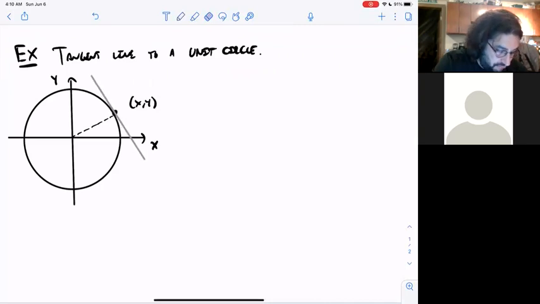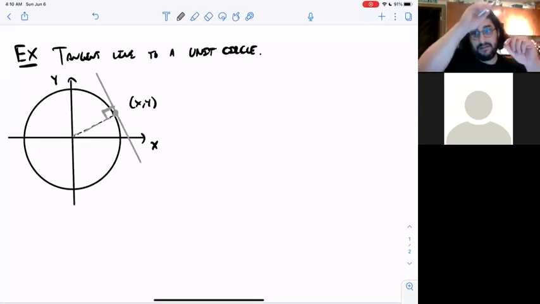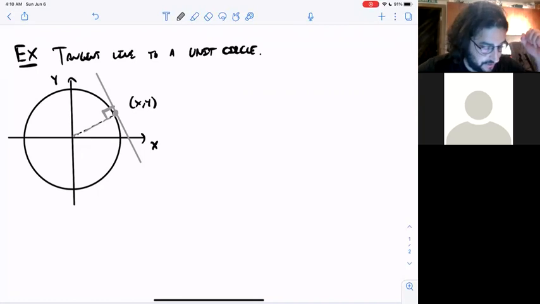So this isn't anything from calculus, this is really just from geometry. To find the tangent to a circle at a point, just draw the radius and then take the line perpendicular to the radius. That's the tangent line of the circle.